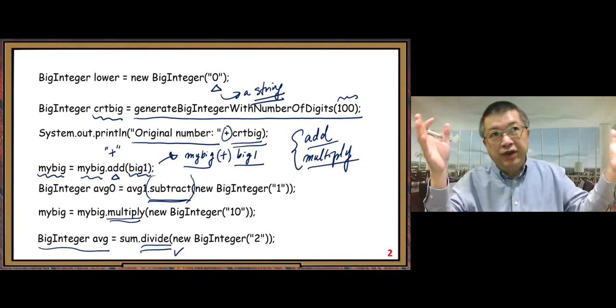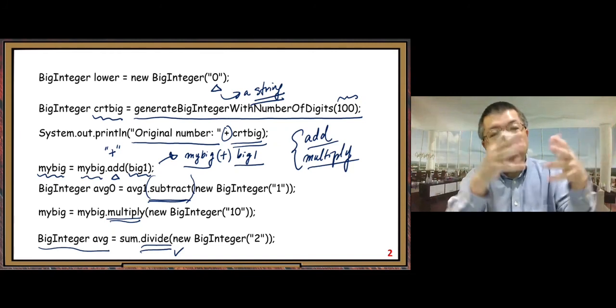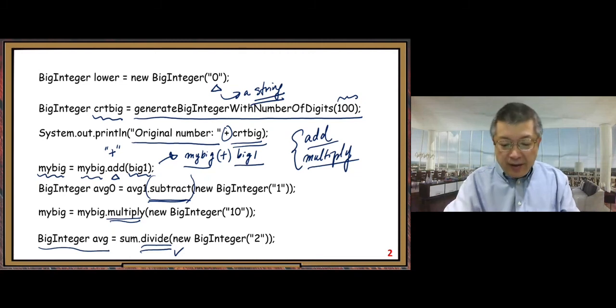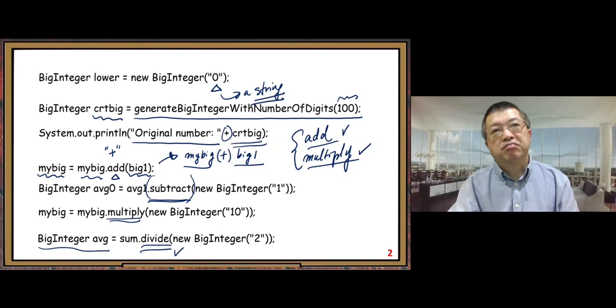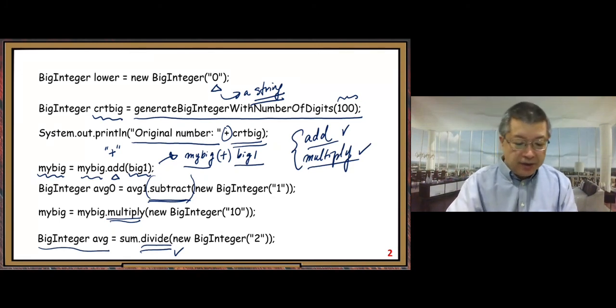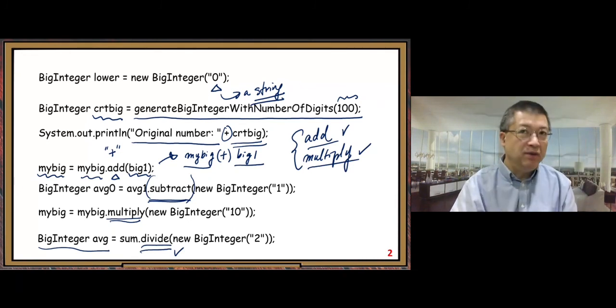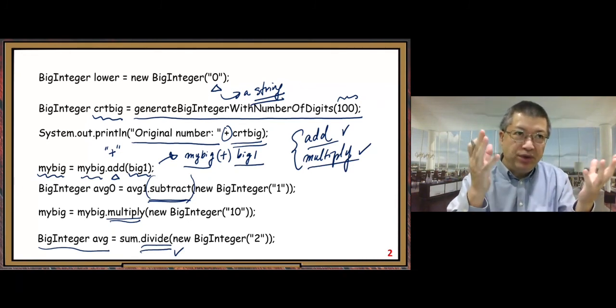In my next video, I talk about matrix multiplication. Then we only need to use these two basic operations. Pretty straightforward.